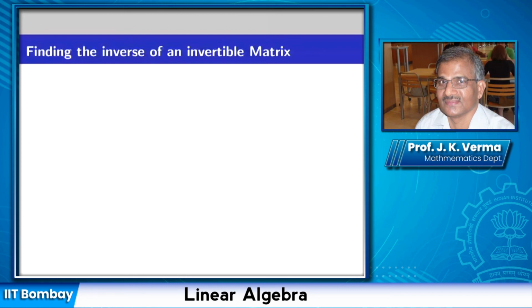And linear algebra is about algorithms for linear equations. We know the Gauss elimination method. That's an efficient method to solve a system of linear equations. And then we are introduced to finding the inverse of a matrix.